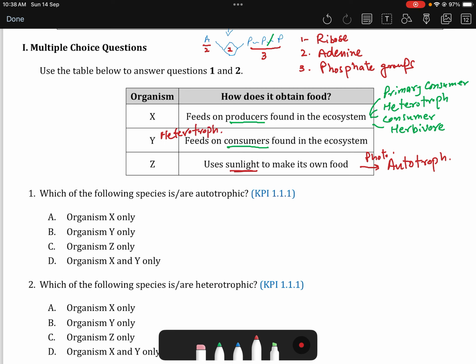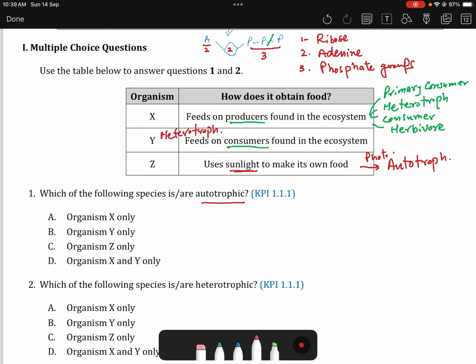Now moving further, question number one: which of the following species is an autotroph? You can easily answer from here. Organism X only, this is a heterotroph.